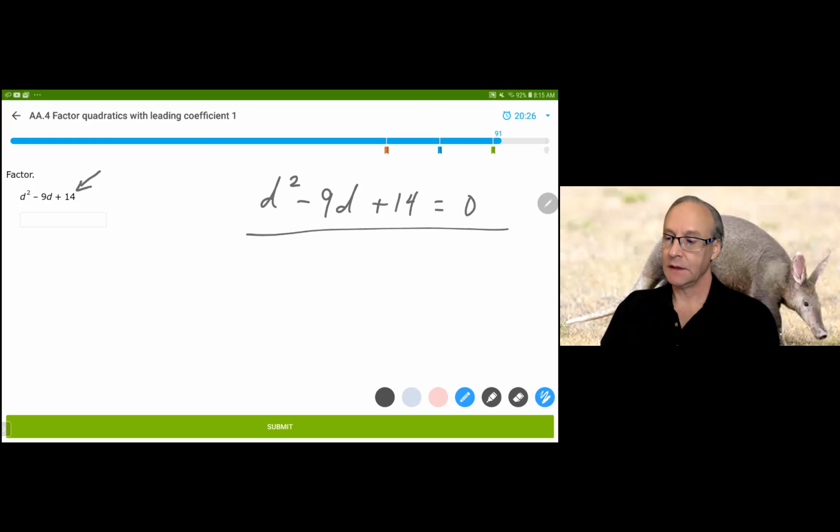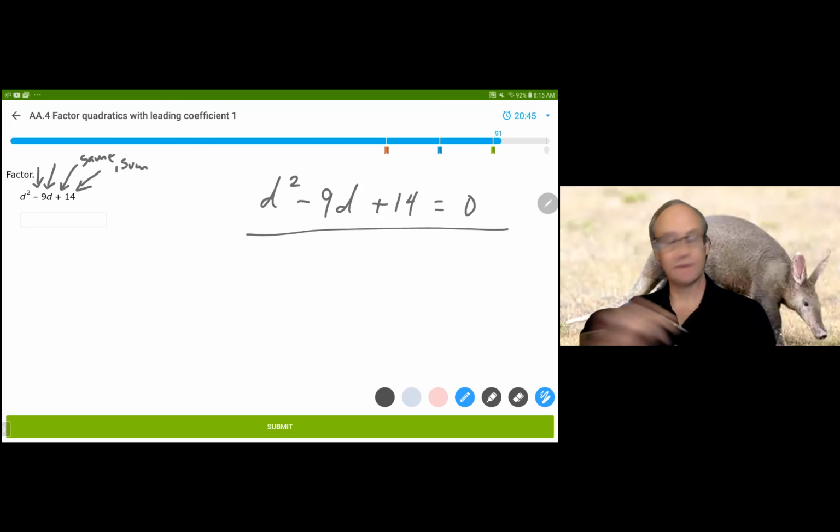Product of 14, sum of 9, and the larger is negative. Interesting. The signs are the same, aren't they? Remember, this means same sign. And that's what that positive at the end means. Well, to get 14, we have two ways to get there: 1 times 14 and 2 times 7. And we want a sum of 9, and they're both positive.